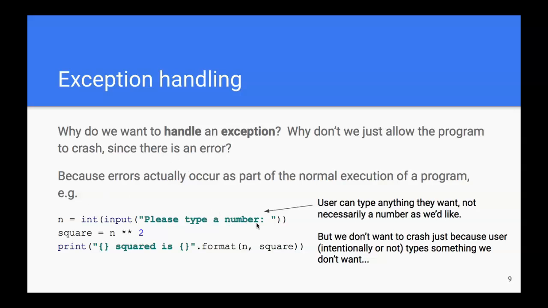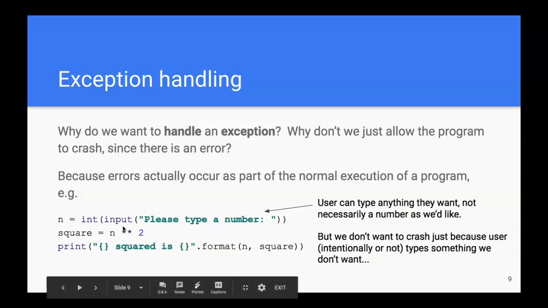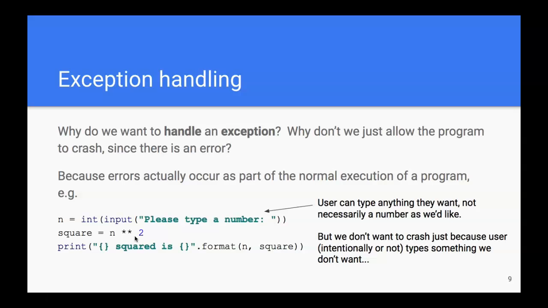For example, we've seen this kind of code many times already throughout the quarter in various assignments. When we ask the user to type a number, and we expect a number and we want to do some operation with that number, the user may just happen to type the wrong thing, right?